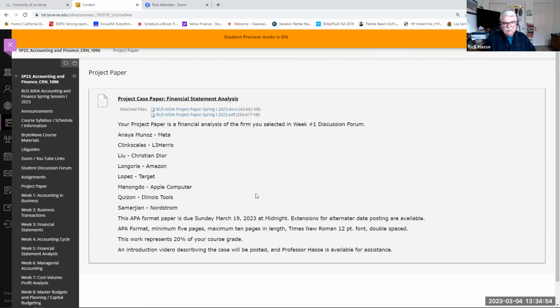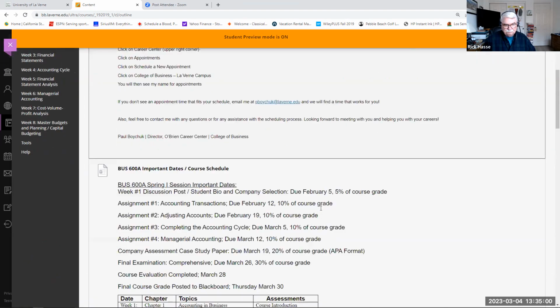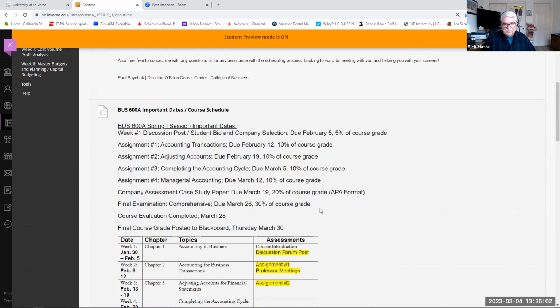That is project case paper due March 19th. And if you remember, as I said earlier, we do have a variety of cases coming up. Assignment 3 due this Sunday, assignment 4, which will be posted this Sunday, March 5th, due March 12th, which will be practice in some respects for this case paper, because we'll be asking you to do some financial statement interpretation and analysis.